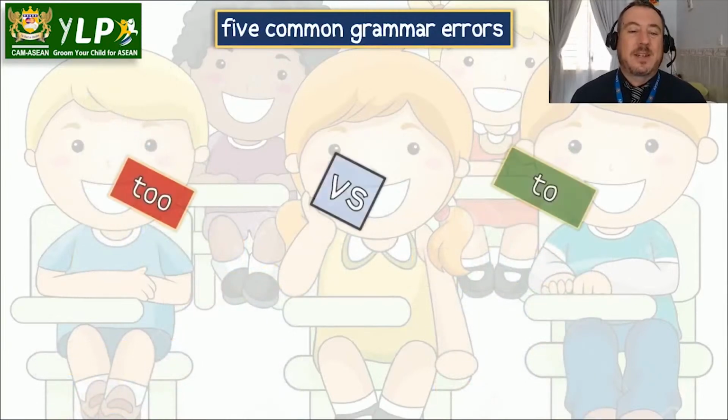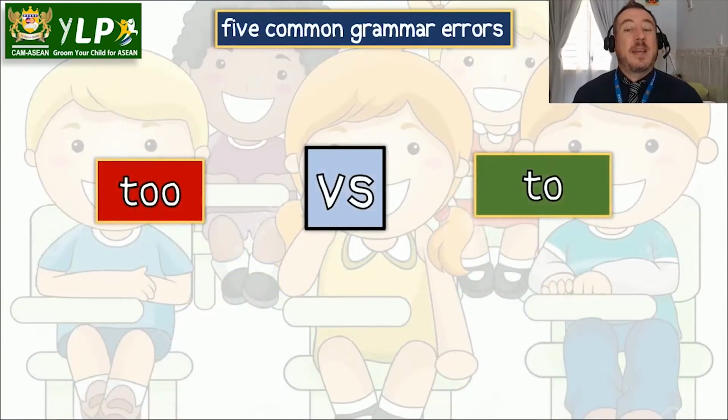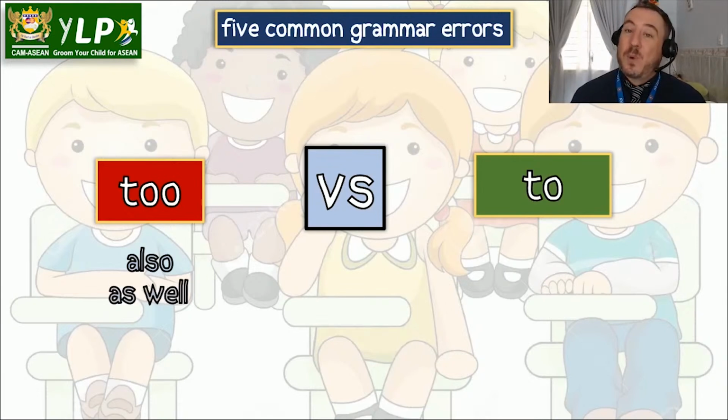Right, let's look at the next one. This one is quite a common mistake. To versus two. Now the red too, with two O's, can mean different things. It can mean also. It can mean as well, which means the same as also.